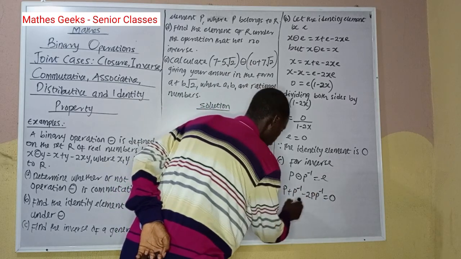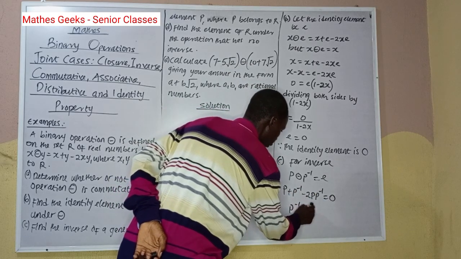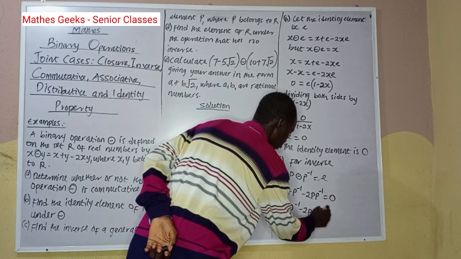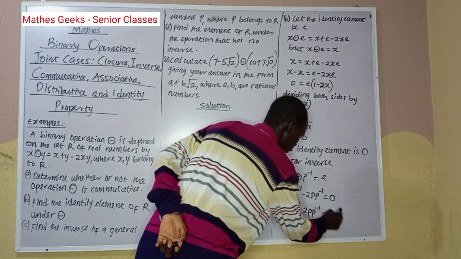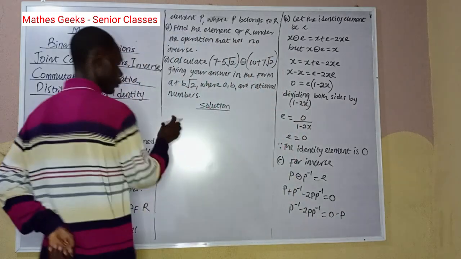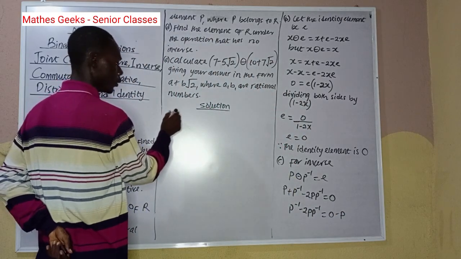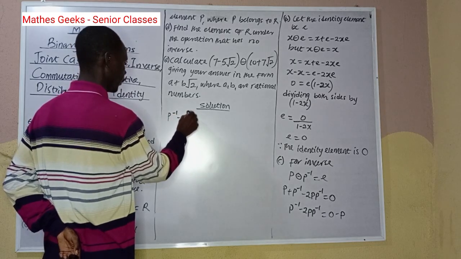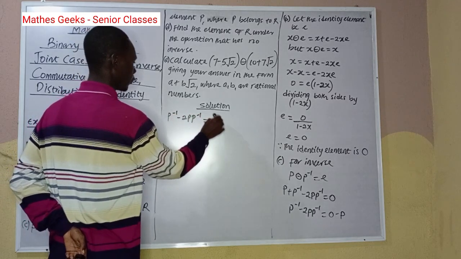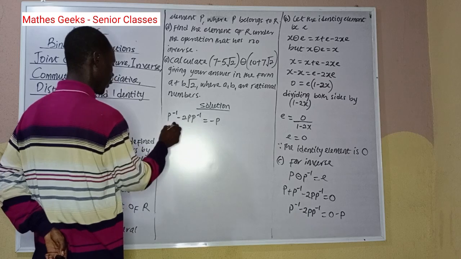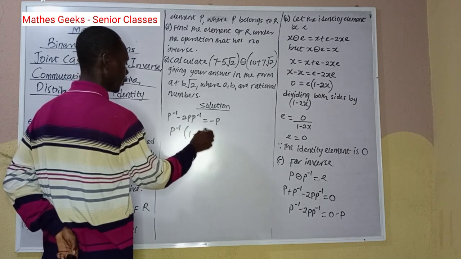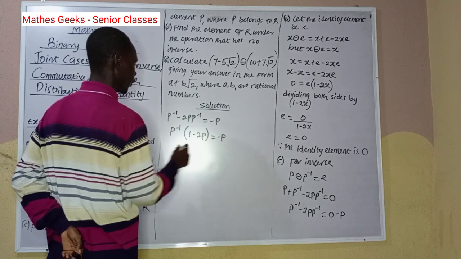P will move to this side, so P⁻¹ − 2PP⁻¹ is equal to 0 − P. So P⁻¹ − 2PP⁻¹ equals −P. Factor P⁻¹ out: P⁻¹(1 − 2P) equals −P.